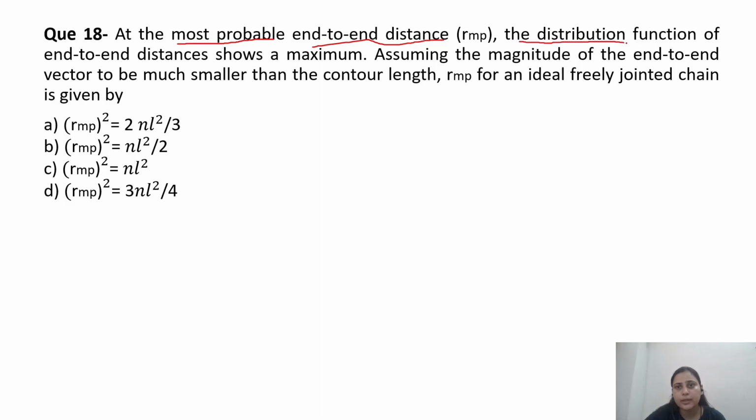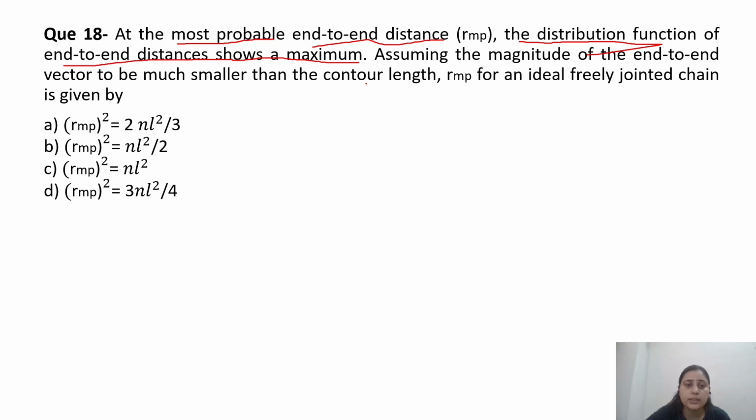In the lecture slides, there is one equation which discusses the distribution function of end-to-end distance, which is W(r).